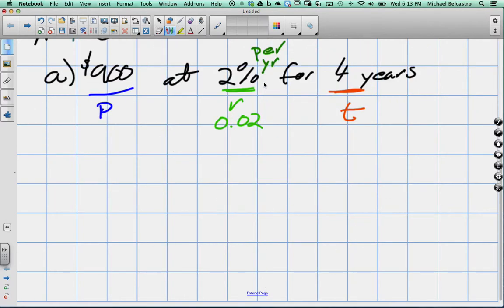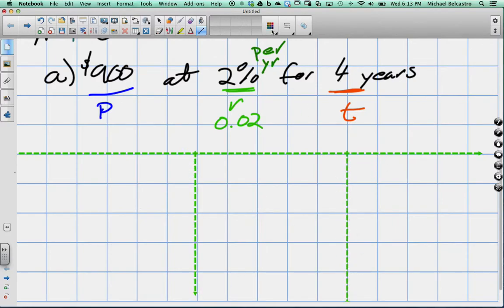So in fact, I'll try to break this into 3 different versions. In our first version, we'll do it in red. We'll just do the interest earned. In other words, that formula was I equals PRT. So I is what we're trying to figure out.